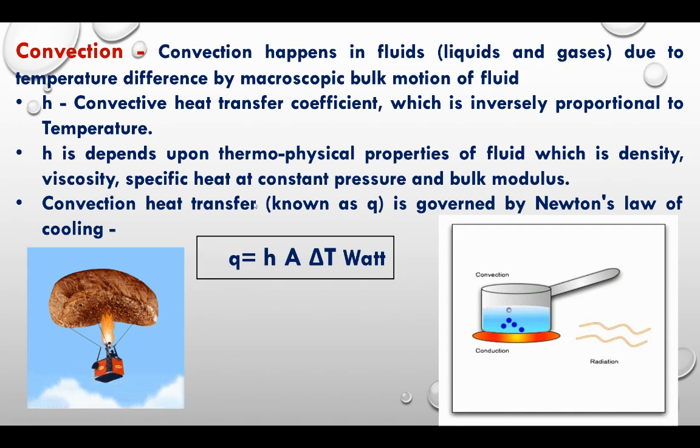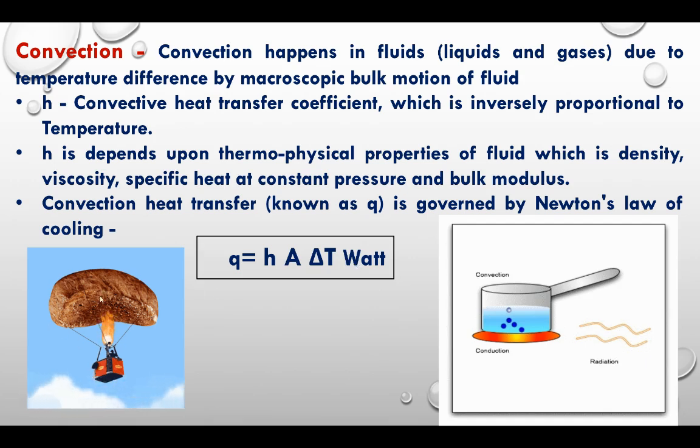So basically, convective heat transfer is governed by Newton's law. Newton also gave a formula for heat transfer for convection. According to Newton's law of cooling, convective heat transfer Q is directly proportional to the convective heat transfer coefficient and the temperature difference. So the formula is Q equals h A delta T, which comes in watts.